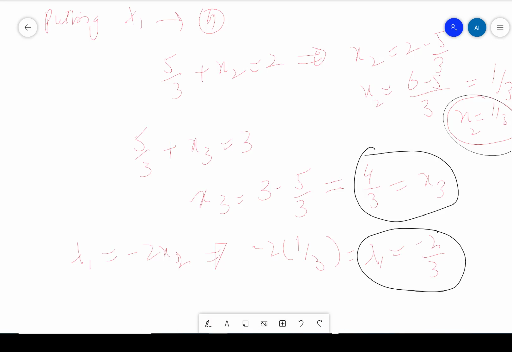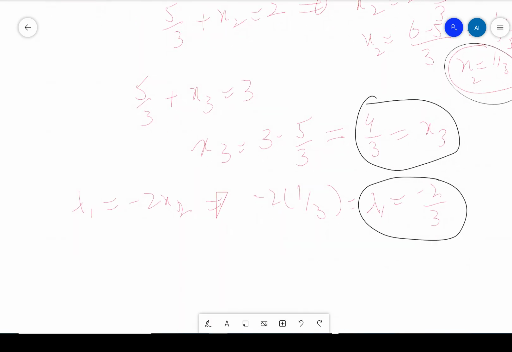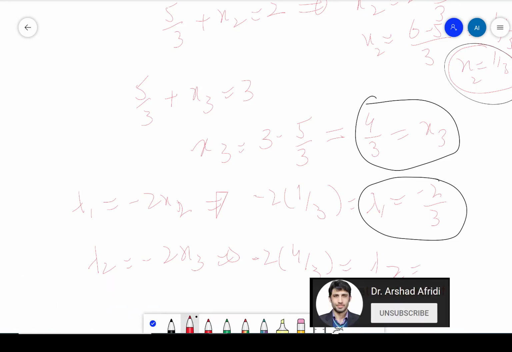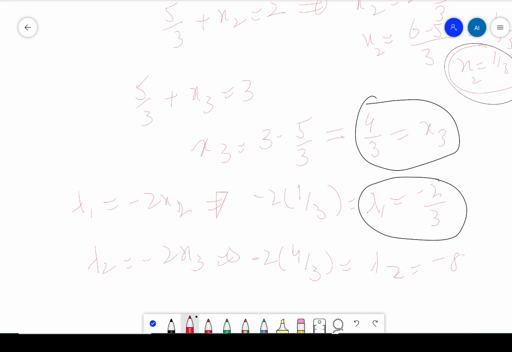Similarly, we can find the value of lambda 2 from equation number 7. The value of x3 is 4 by 3, which makes lambda 2 equal to minus 8 by 3.